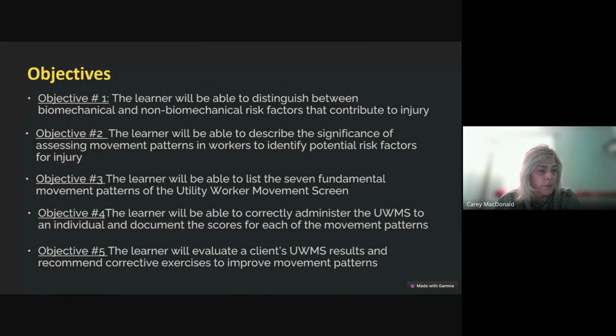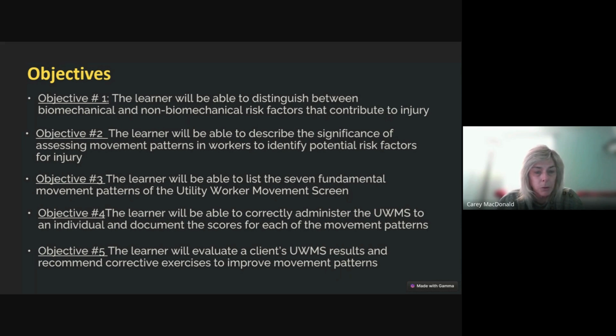So the objectives of today's discussion, one is that the learner will be able to distinguish between biomechanical and non-biomechanical risk factors that contribute to injury. They'll be able to describe the significance of assessing movement patterns in workers to identify potential risk factors for injury. To be able to list the 7 fundamental movement patterns of the utility worker movement screen that was created.